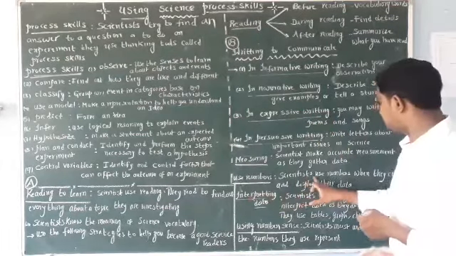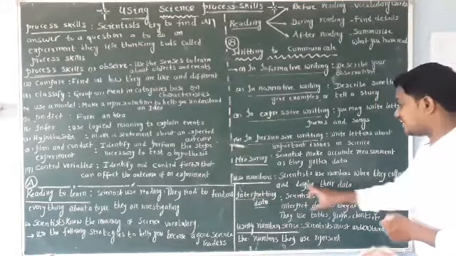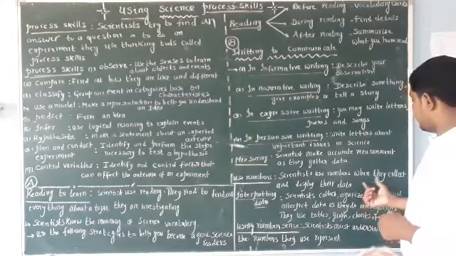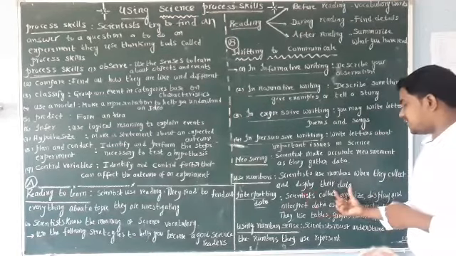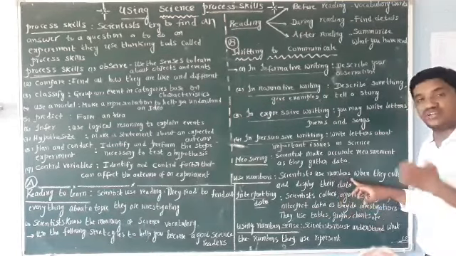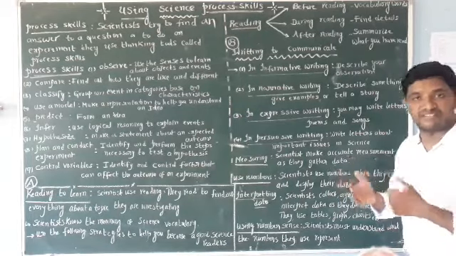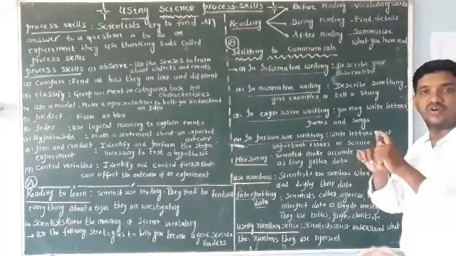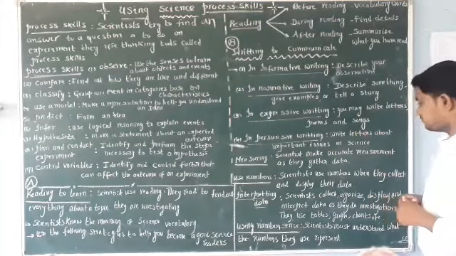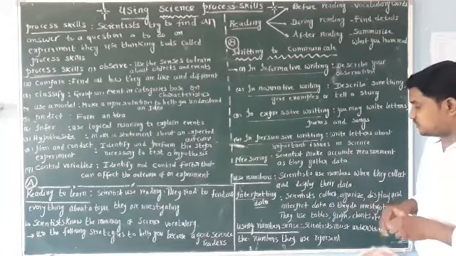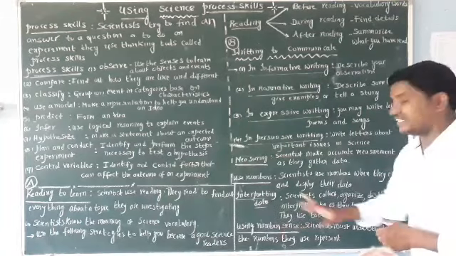Use numbers. Scientists use numbers when they collect and display their data. They use different types of numbers when they collect the data. Next one, interpreting the data.